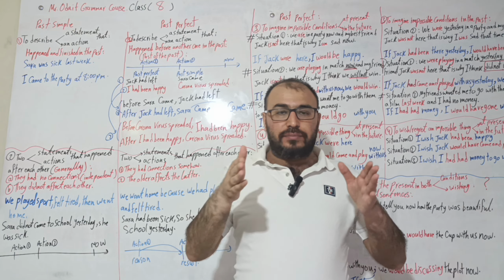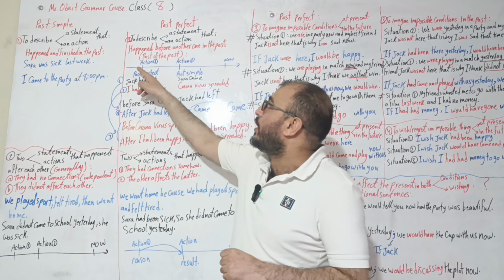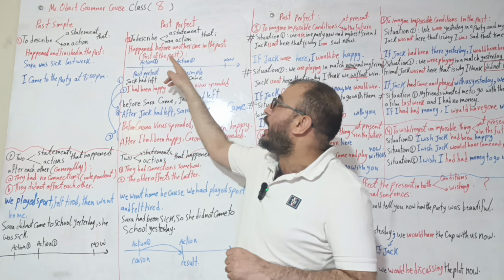In the past perfect, we always have action 1 and action 2. We have an older action and a later action. Generally, the past perfect is the past of the past. Let's take these two examples here.